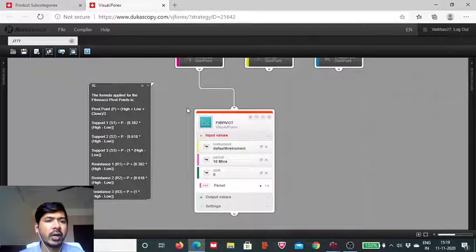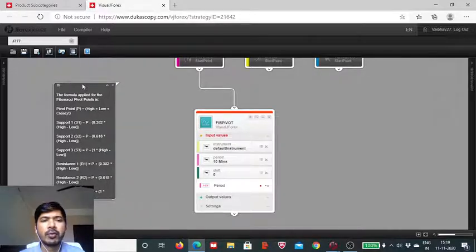Now coming to the formula, here I have also included the formula. It is fairly simple. To figure out the pivot point, we simply take the highest value of the prior candle, and then we add the lowest value of the same candle, and then we add the closing value and divide this sum by 3. So that's how we get the pivot point.